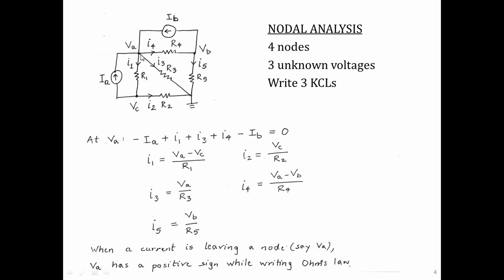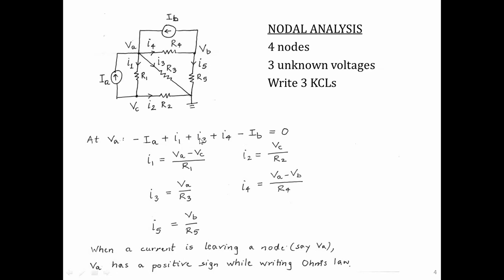At the node VA, we see there are 5 currents, and remember our convention will always be that the current leaving a node is positive. So I1, I3, I4 are positive, IA and IB are negative at this node. So we'll say minus IA plus I1 plus I3 plus I4 minus IB equals 0. This is KCL.